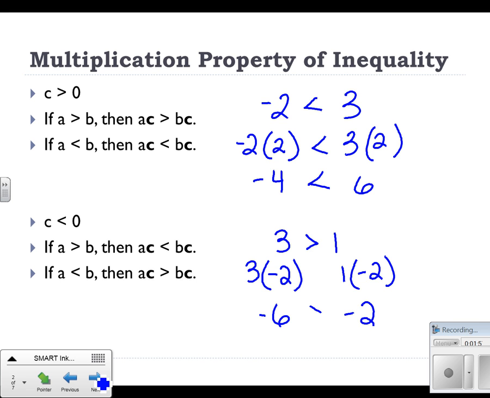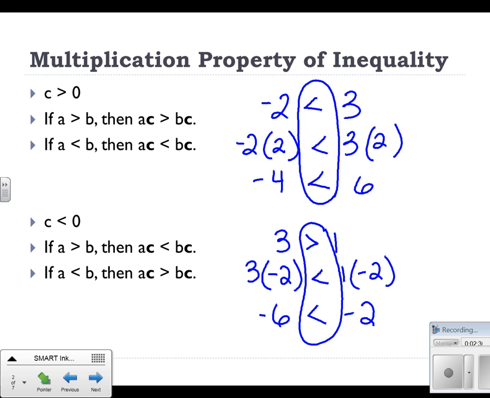And so if I look, wait a minute here, -6 greater than -2, we know that's not true. So whereas up here, the inequality stayed the same when we multiply both sides by 2, something happens here. If you're multiplying both sides by a negative, you have to reverse the sign, because multiplying by a negative makes it the opposite. So this is key right here. Notice once we multiplied both sides by a negative number, we had to flip the sign around.